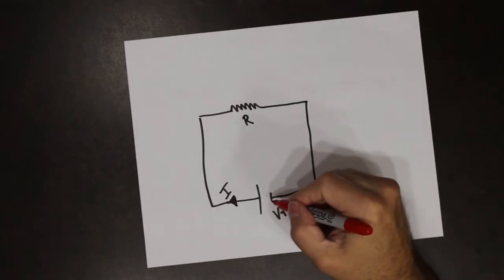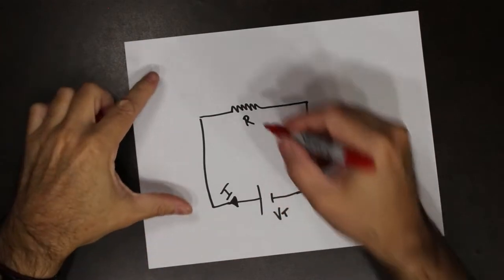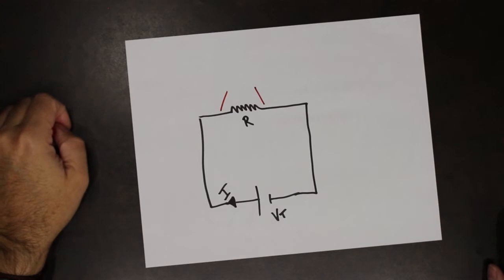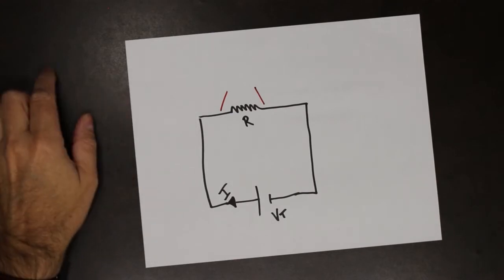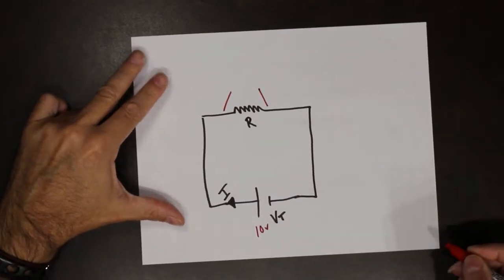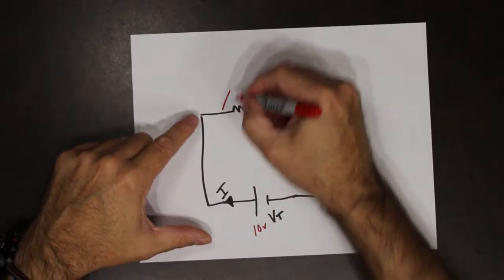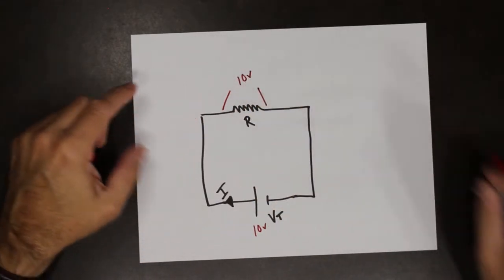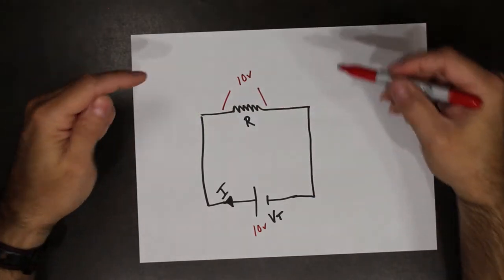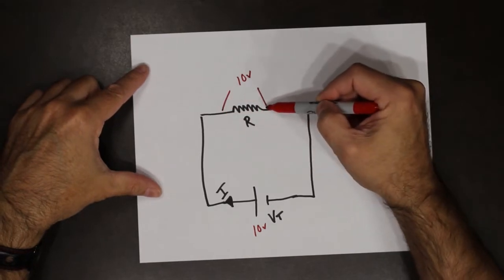Now, the energy from the source changes as it goes through the resistor. So the energy, if I was here, had 10 volts. So the potential across that resistor would be our 10 volts. So that means from one side to the other side, the energy level drops from a potential of 10 to a potential of 0.